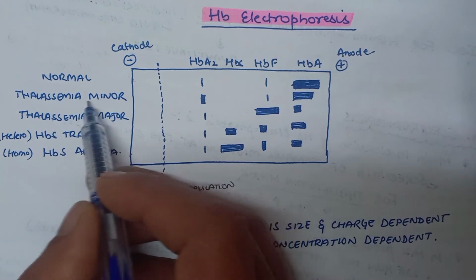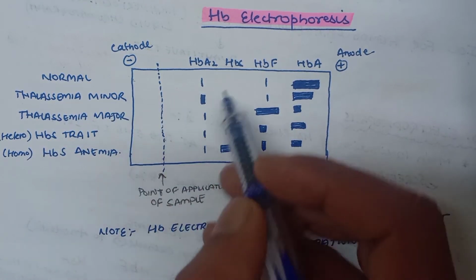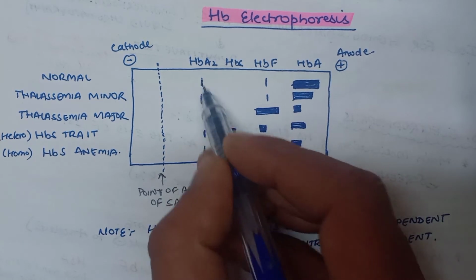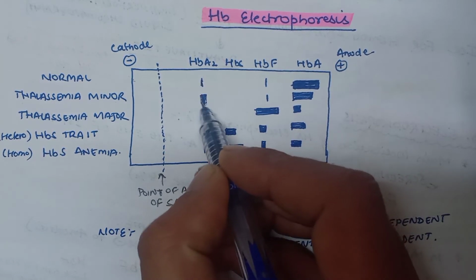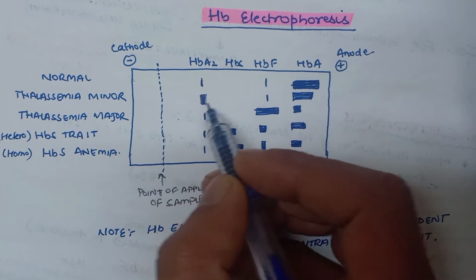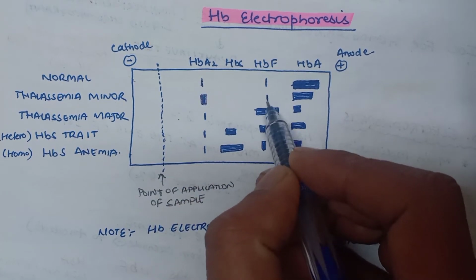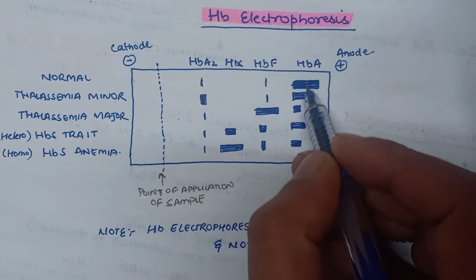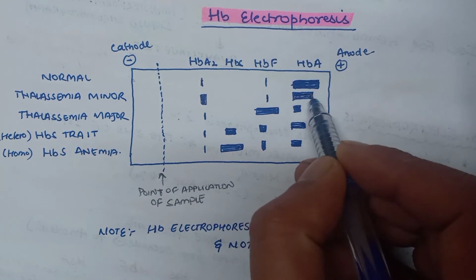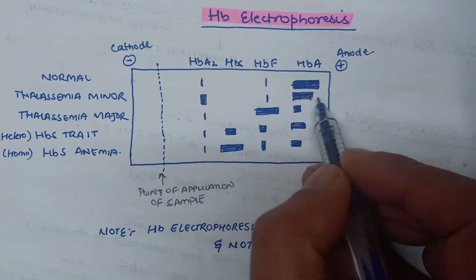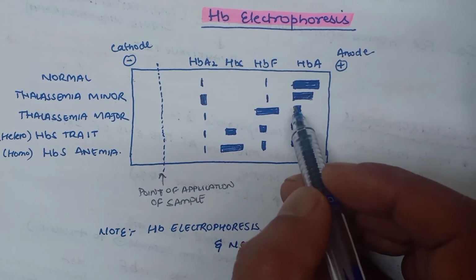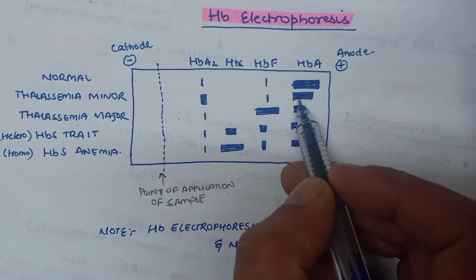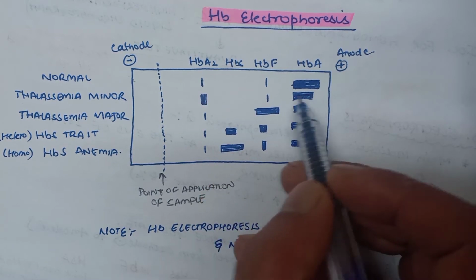Whereas in thalassemia minor, HbA2 is slightly increased. This is the normal, and here HbA2 is slightly increased, HbF is normal, and HbA is reduced. So compared to normal, HbA is reduced. The total is 100%, so depending upon how much HbA2 increases, HbA will decrease.